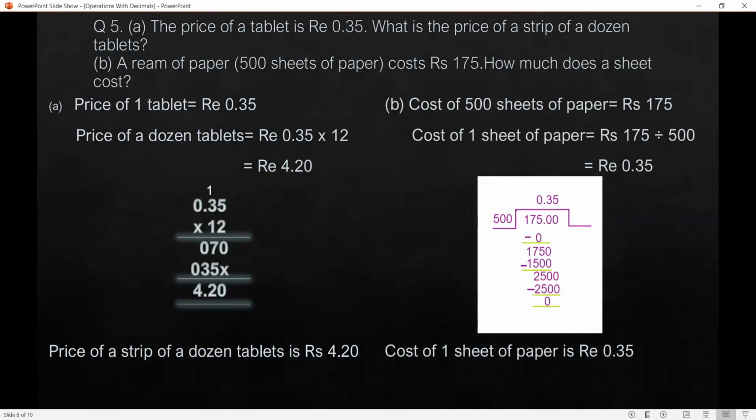So when we divide 175 by 500, we will come to know it is rupee 0.35. So the cost of one sheet of the paper is rupee 0.35. So this is all about the A and the B part of question number 5.